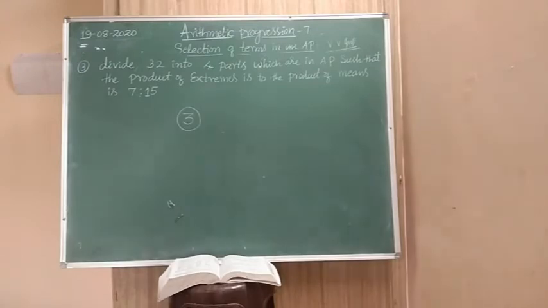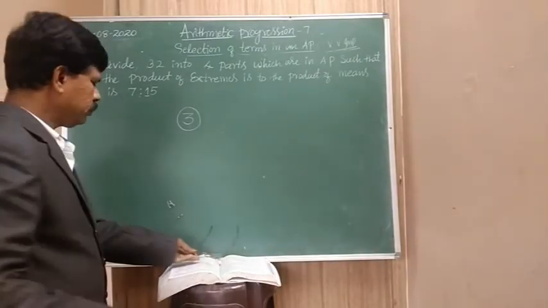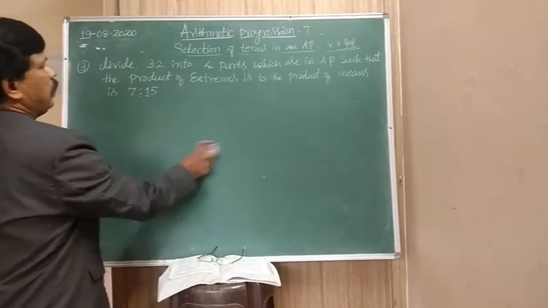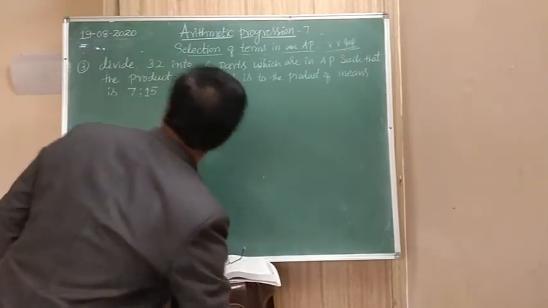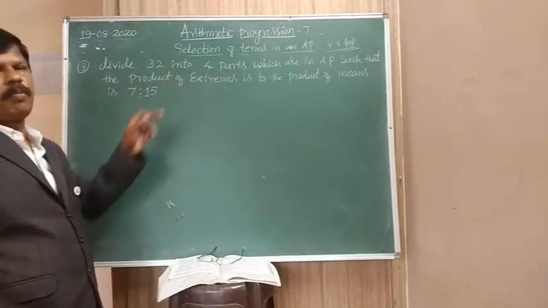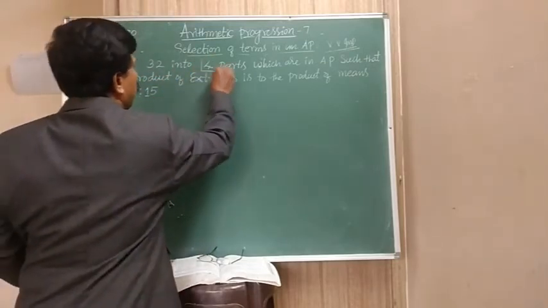Now look at the third question based on a selection of terms in an AP. Divide 32 into 4 parts. So look at this, 4 parts.